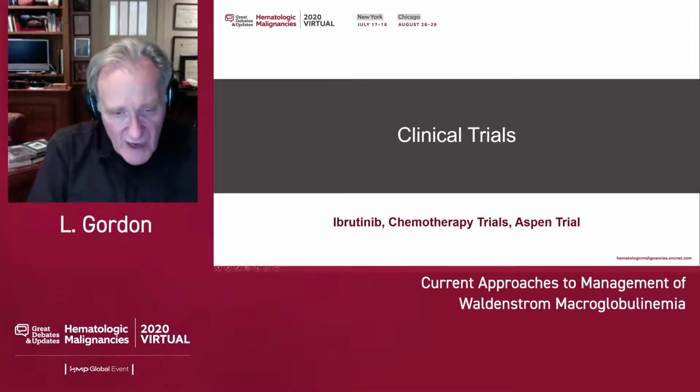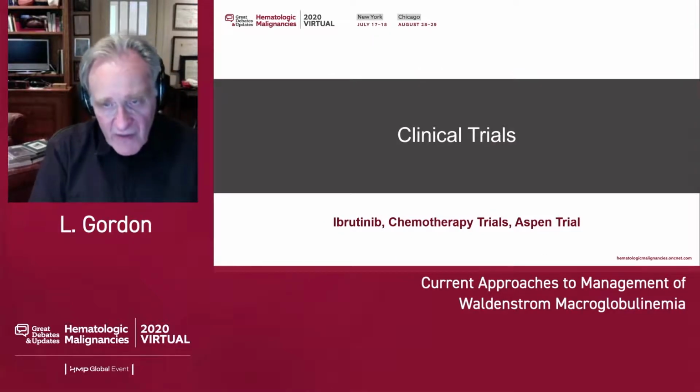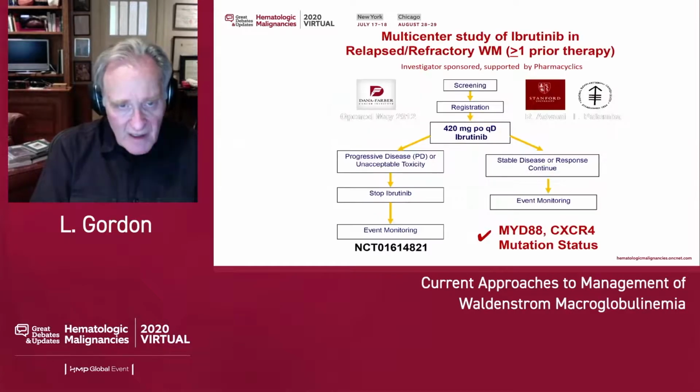Now, what clinical trials are there, and how should we approach treatment for patients with Waldenstroms? First publication, I think that's important, and this isn't necessarily the first treatment, but some of the more recent data was presented by Steve Treon, looking at the BTK inhibitor Ibrutinib.